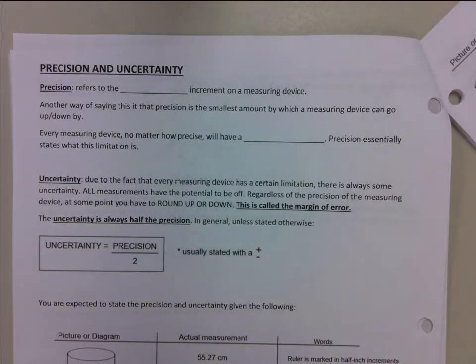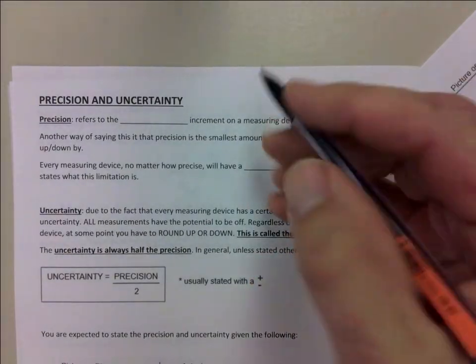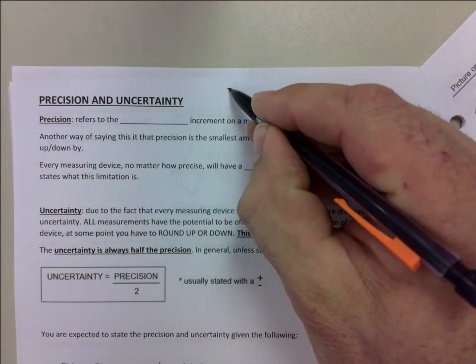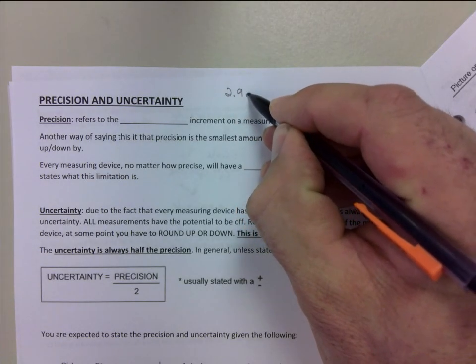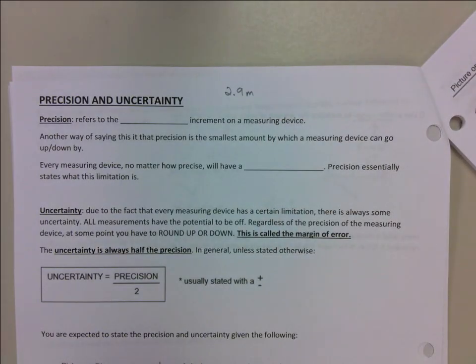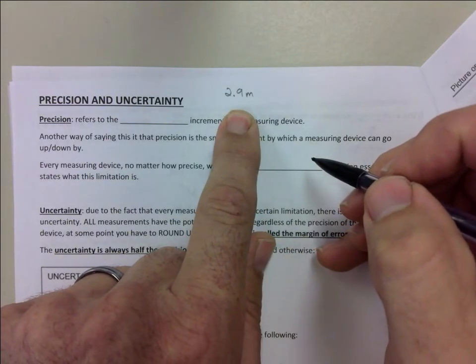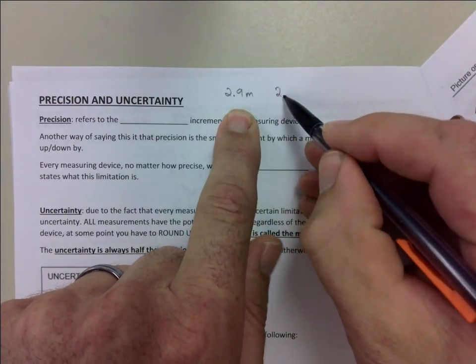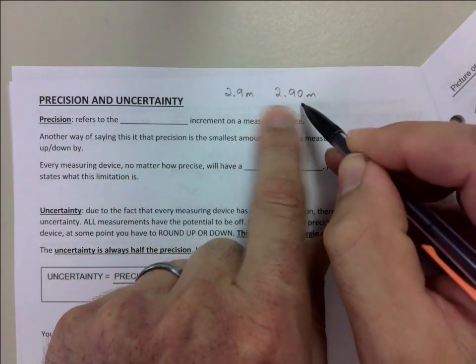Before I dive in, I need you to know that if you have a number, let's say 2.9 meters, you can be more specific than that. You could say 2.90 meters, right?